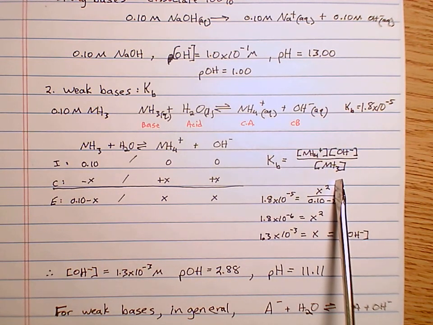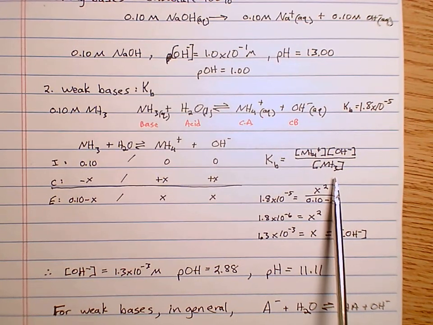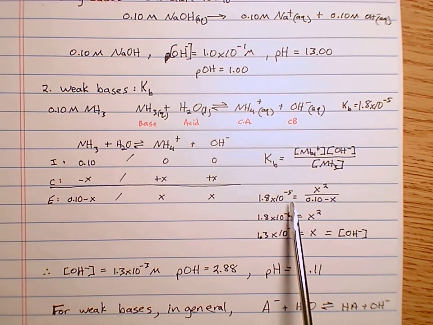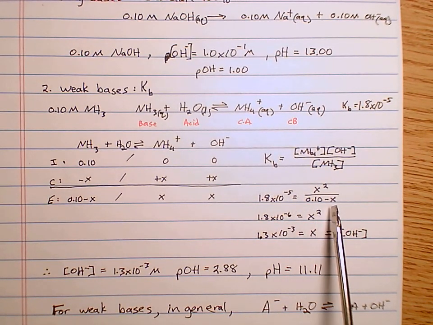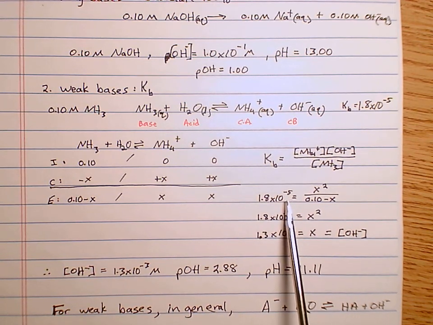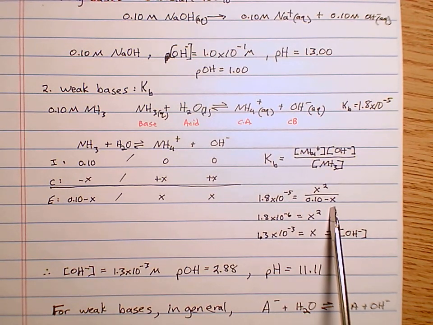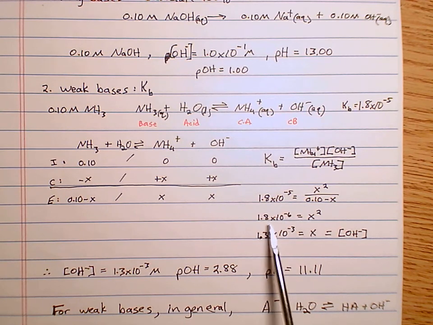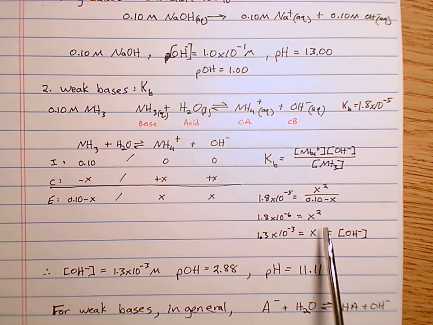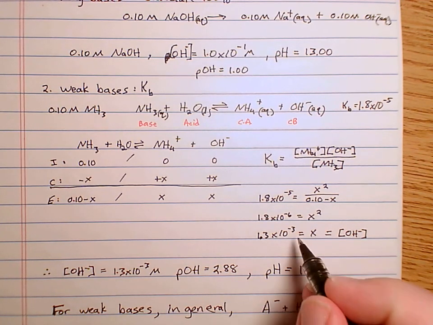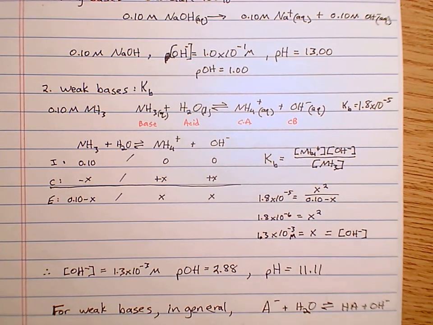And plugging in the numbers, 1.8 times 10 to the minus 5 equals X squared over 0.1 minus X. Small number here, times 10 to the minus 5, so we ignore the minus X. We find that 1.8 times 10 to the minus 6 equals X squared. Square root it. 1.3 times 10 to the minus 3 equals X. And that's our concentration of hydroxide.